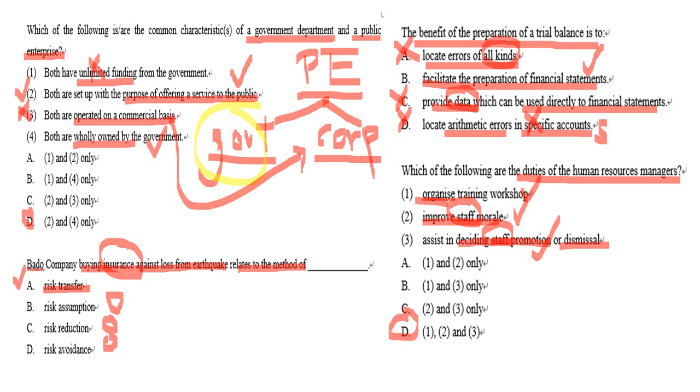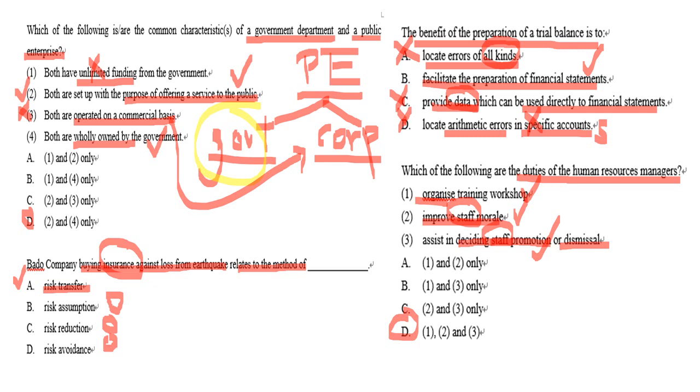Once the government has given a startup fund to the public corporations, they have to self-finance and are responsible for all the profits and losses. Let us look at this. Number 1, both have unlimited funding from the government. Wrong. Only government departments have unlimited funding from the government, not public corporations.